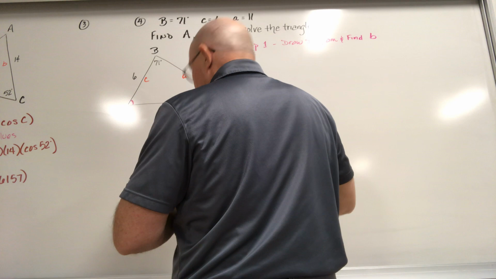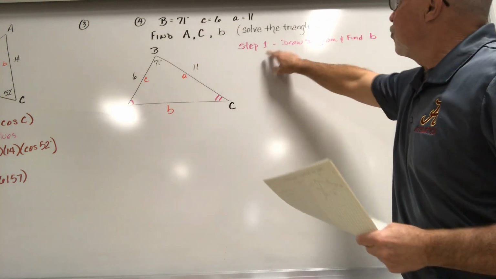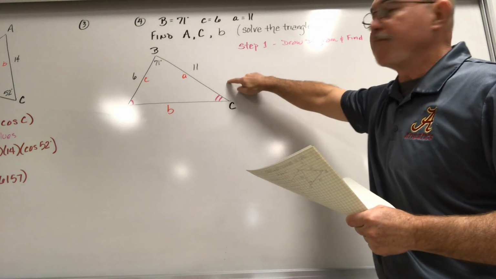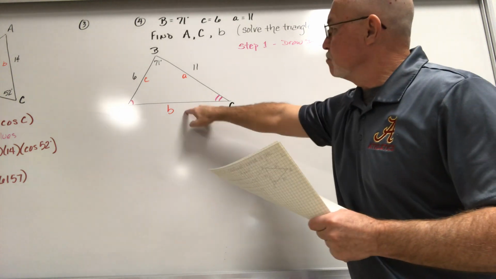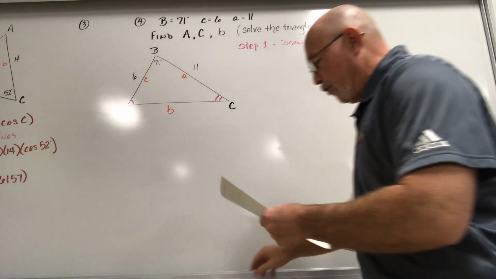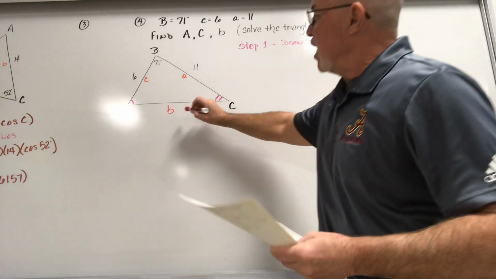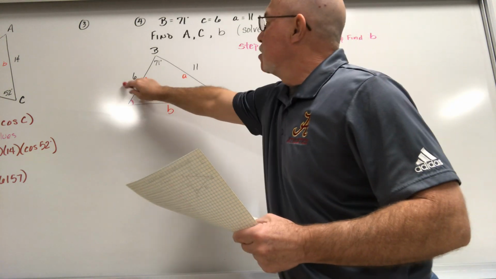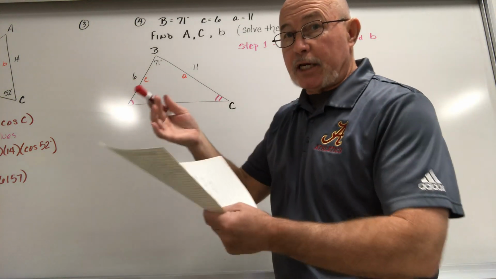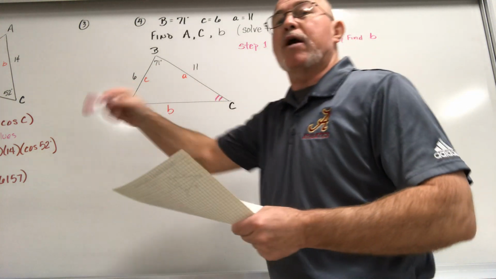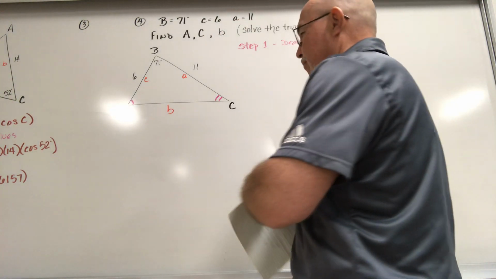So, first things first. Step one, draw the diagram. Check. Find B. That's what we're going to do first. So in this case, we have the angle and the two sides surrounding it, like we said. So that's going to be B squared equals.